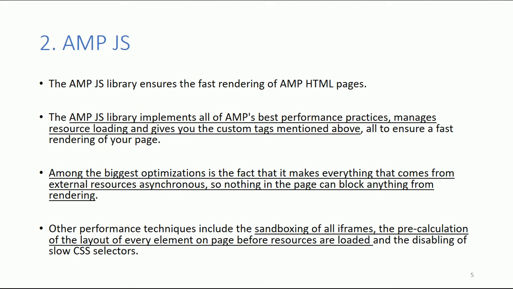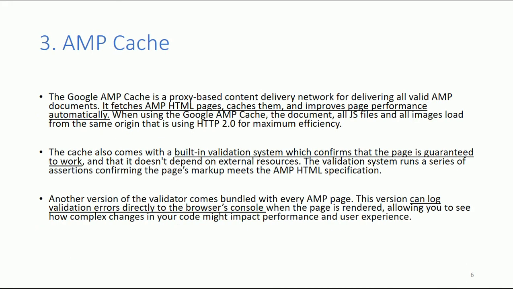AMP can address such problems in a more extended way. Other performance techniques include the sandboxing of all iframes and pre-calculation of the layout of every element on the page before resources are loaded. So there are a number of benefits this second component, AMP JS, brings, and let's go to the third component.